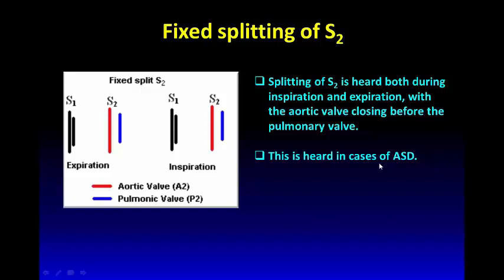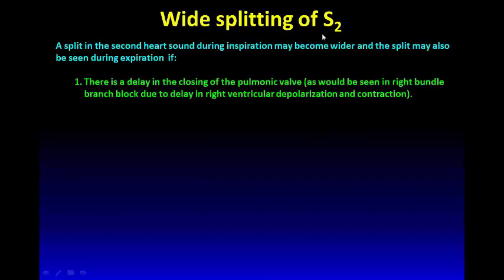We might have other abnormal splittings of the second heart sound. For example, we might have wide splitting of the second heart sound, and this happens in cases of right bundle branch block.